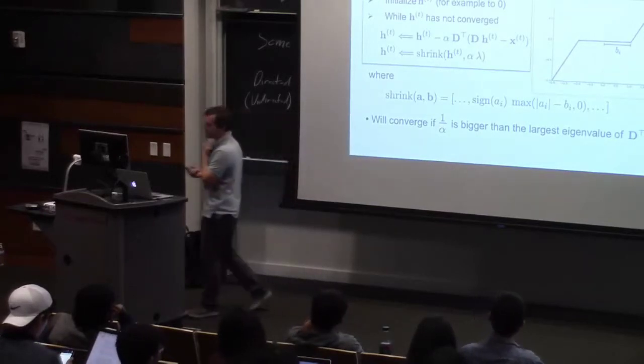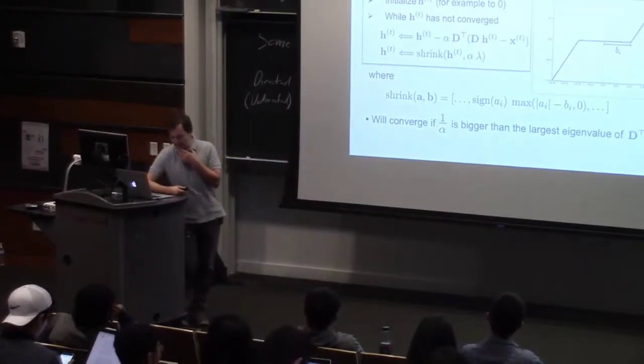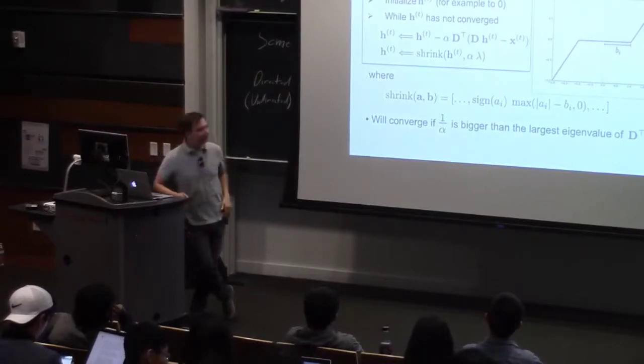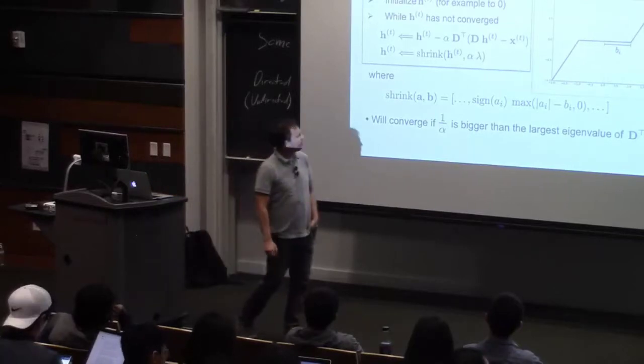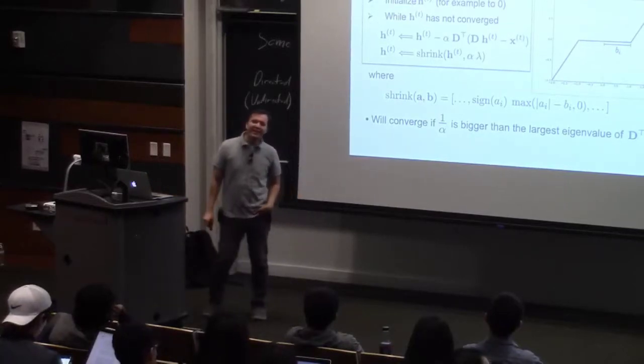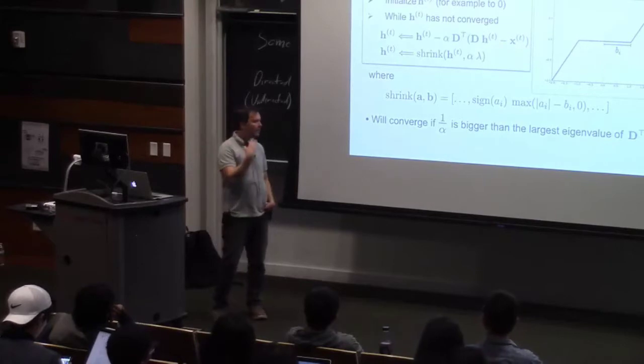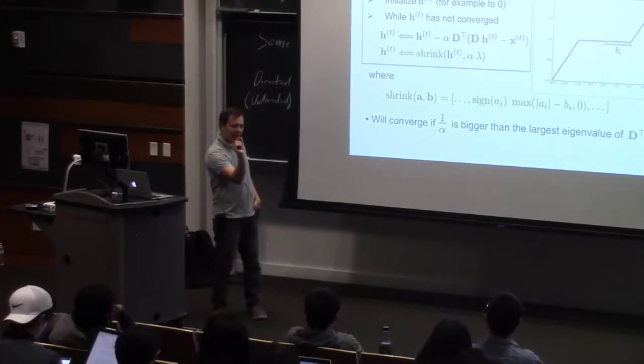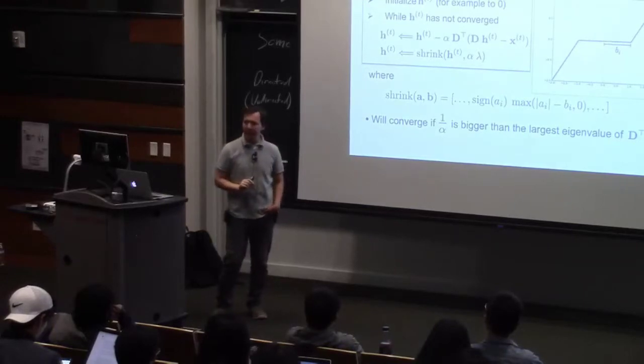Again, we're going to look at some of that later in the class. At a high level, you look at a small neighborhood around 0, and once you hit that small neighborhood, you clamp it to 0.